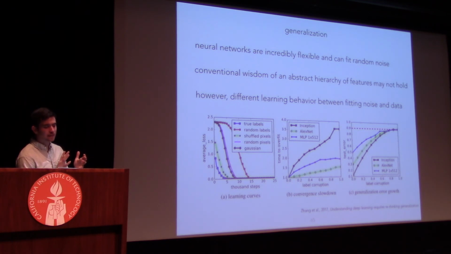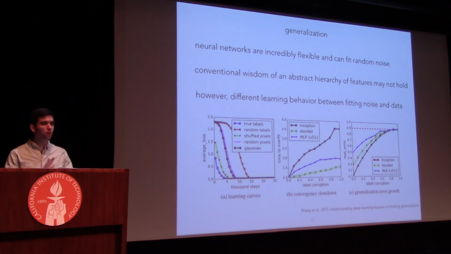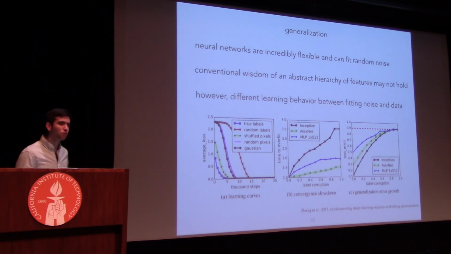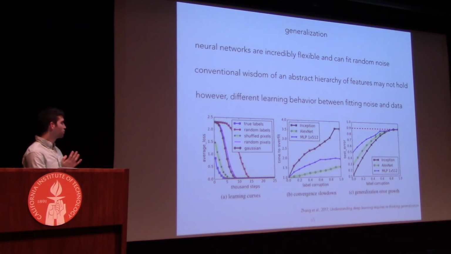And you see that this red curve eventually reaches a loss of 0. So it is able to fit perfectly random labels. What's more, you can actually shuffle the pixels, and this is a convolutional neural network where that shouldn't be able to work, and it still will fit it with 0 loss. You can even have random pixels, absolutely random noise going into the network, and the network will still learn to fit it.